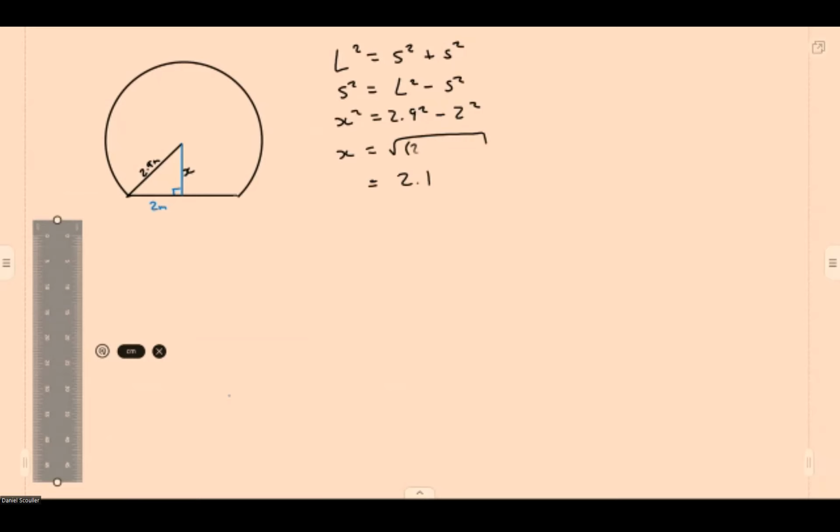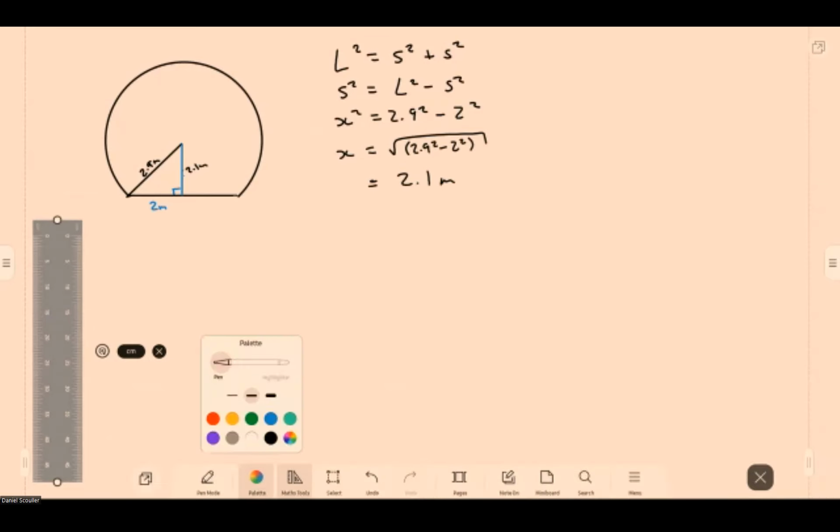Forgot to actually write it out. 2.1 metres. So that missing side in there, 2.1 metres. That's not the final answer.